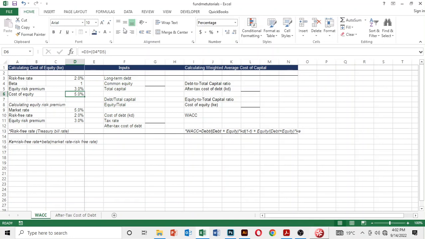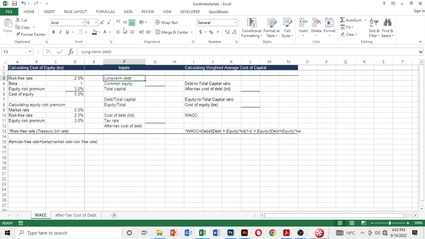So, which is cool. Then let's go over to the inputs section or column. Here we have got long-term debt, common equity, total capital, debt to total capital ratio, equity to total capital, and then cost of debt, tax rate, and after tax cost of debt.